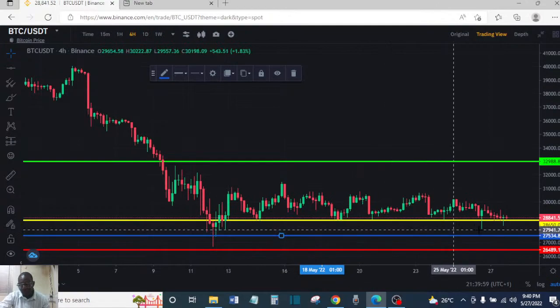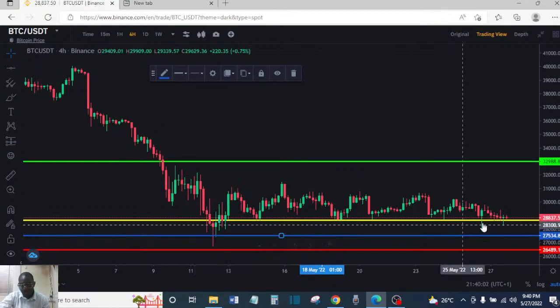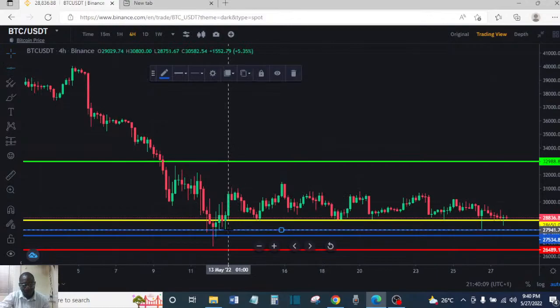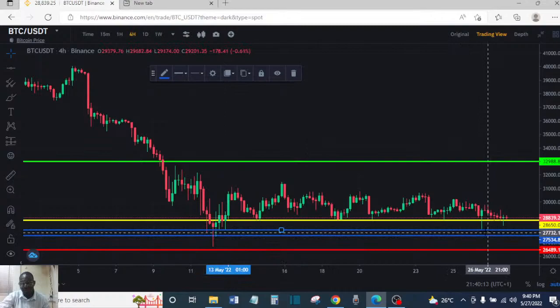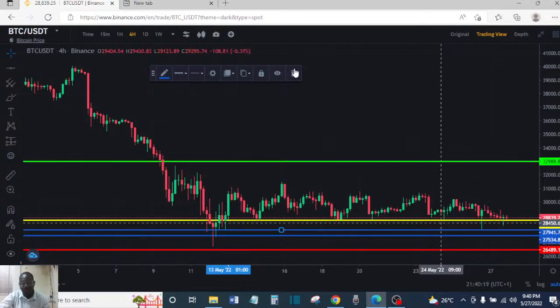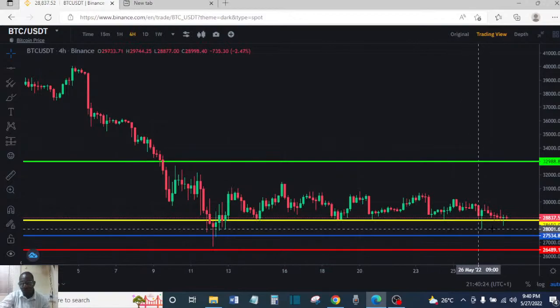Now this stop again is missed by this again, so forming a double bottom here. Can you see? It's forming a double bottom there, but there is still a miss. Now look at what we are having here. Now this particular line, let me bring it back.